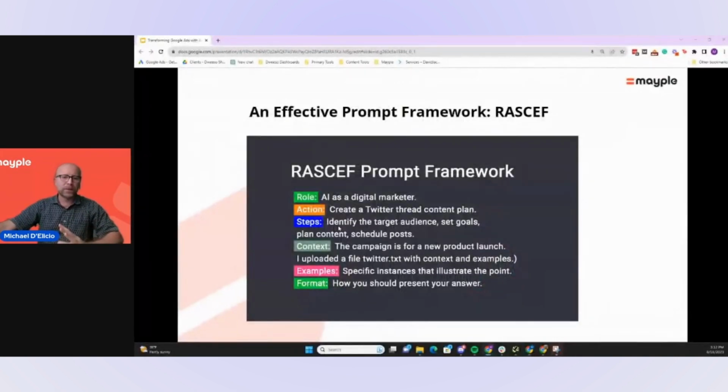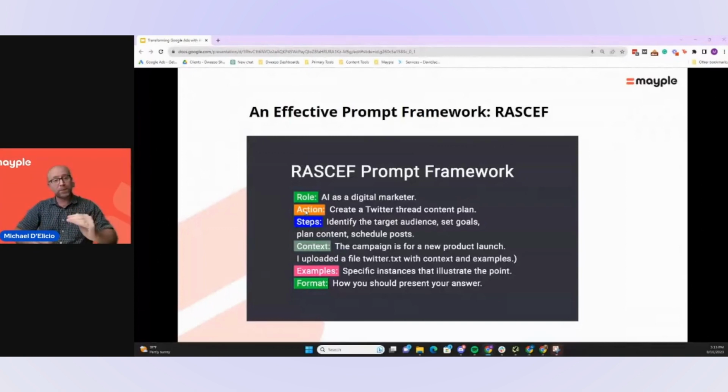This is a prompt that I use very often. It's known as the RASCF prompt framework. So as you're typing this in, you're going to say, this is the role that I want you to perform as. So if we're doing Google Ads, we might say a digital marketer or a Google Ads specialist. The action that we want to create. So we may say something like create a, in this case, Twitter thread content plan.